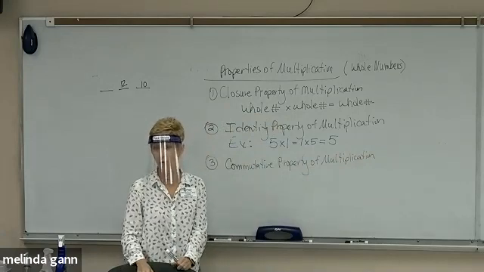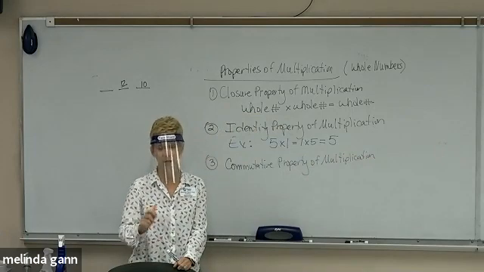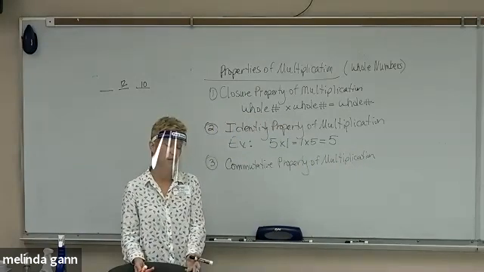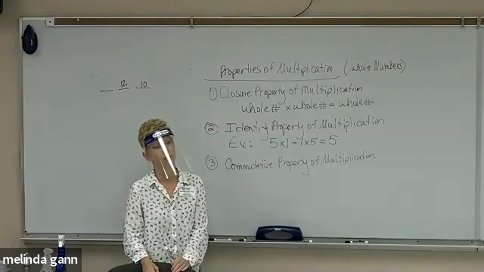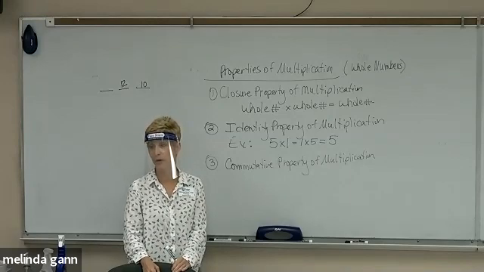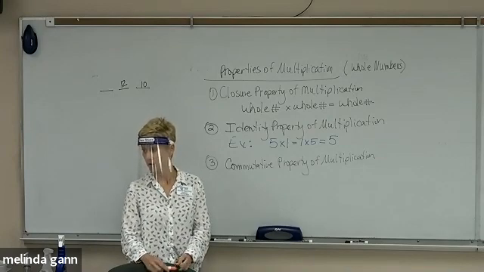Is it the grouping? If I'm talking to a 6-year-old, what am I going to tell them you can change? Because I may ask you that on your test next week. What can you change without changing the answer according to the commutative property? The order. You can change the order without changing the answer.